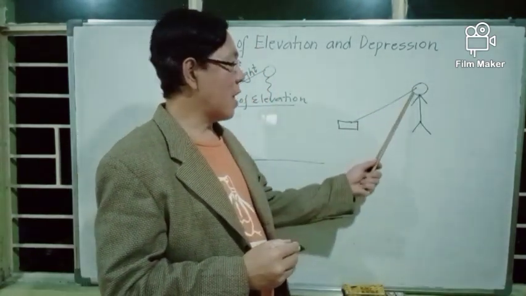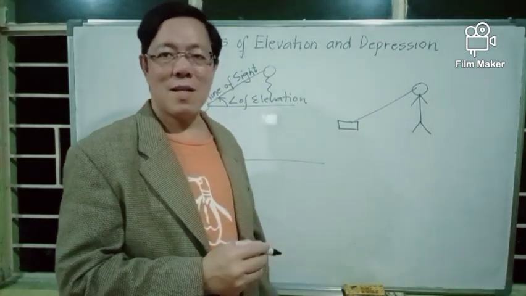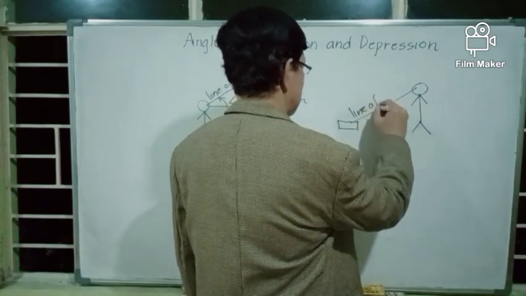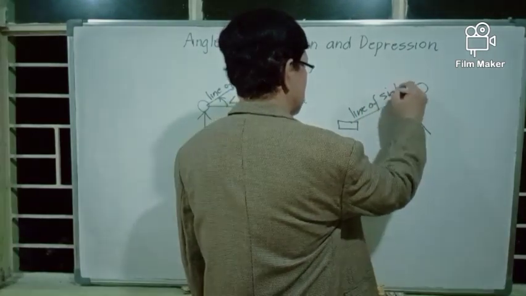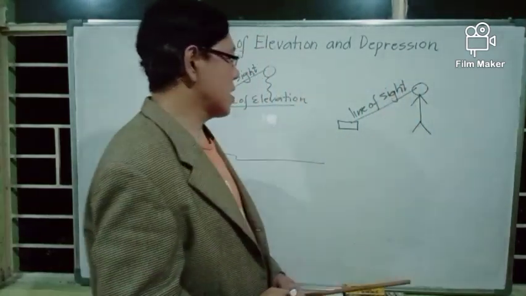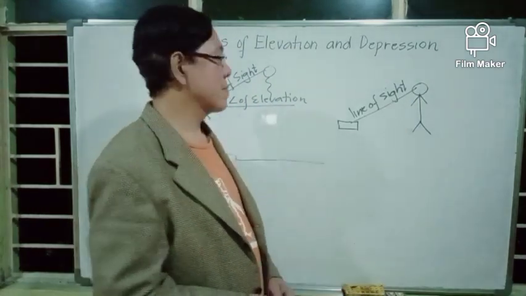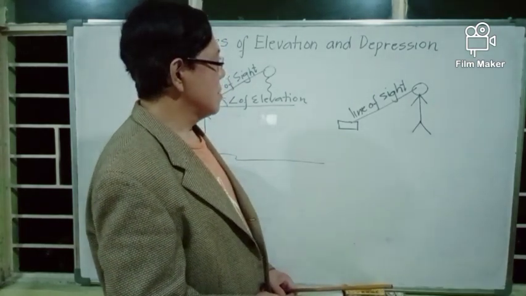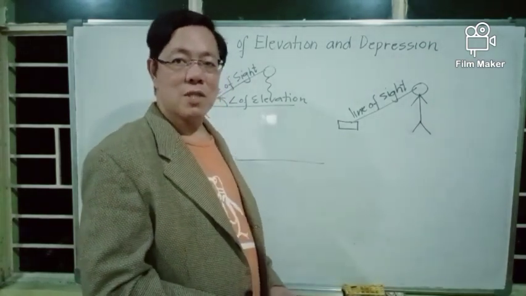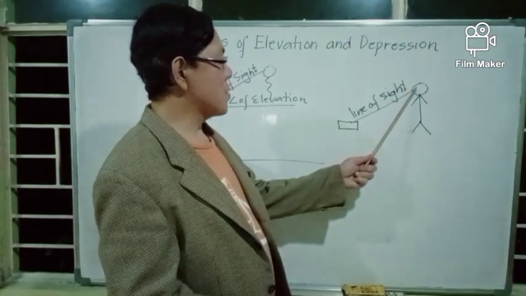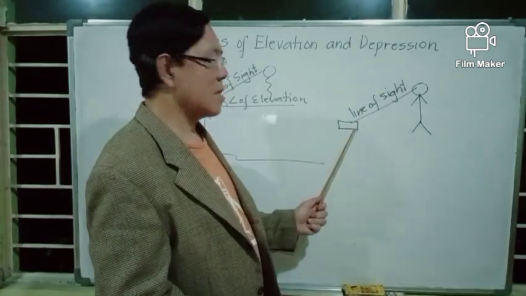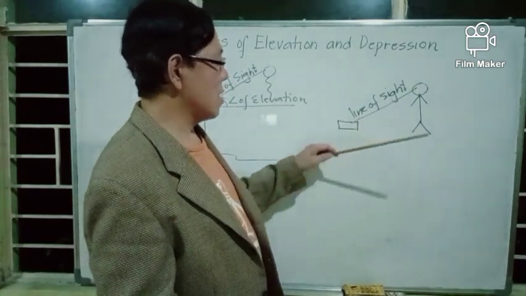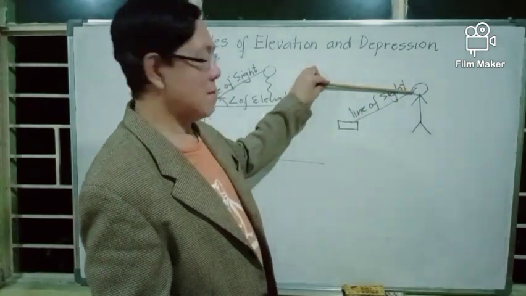And the line from the eye of the observer to the object is the line of sight of the observer. Now, the angle of depression from the observer to the object is the angle that the line of sight of the observer makes with the horizontal.